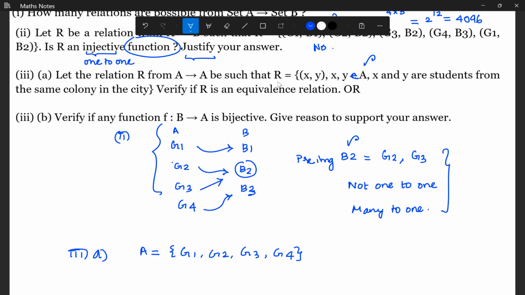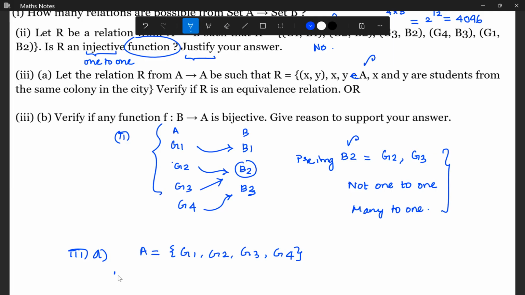And here they are students from the same colony in the city. Now, I'm wondering what they mean for this question. Do they mean that all the girls are from the same colony in the city, or is it a generic set A?